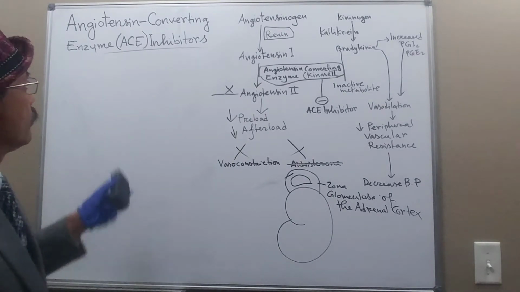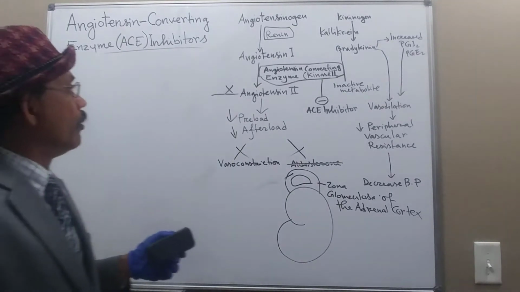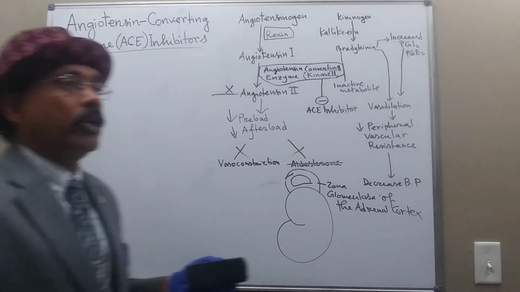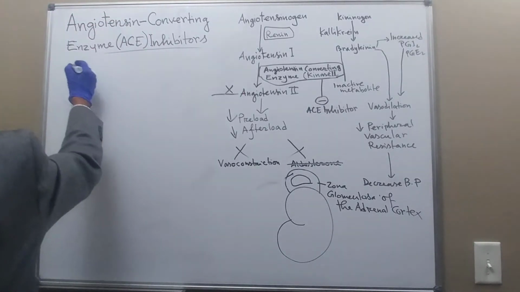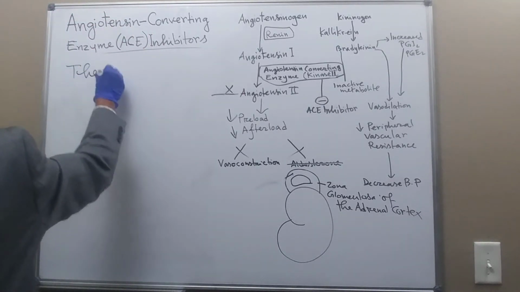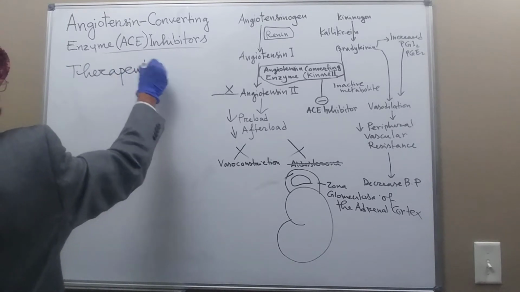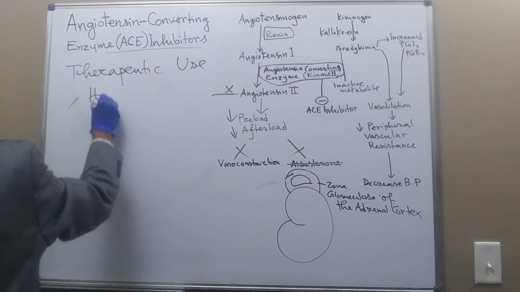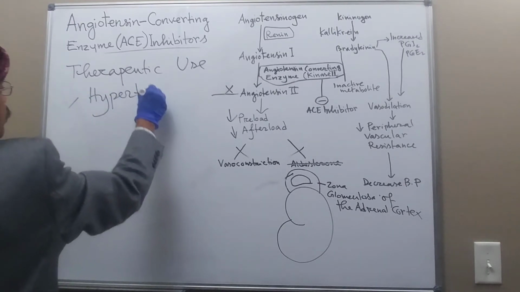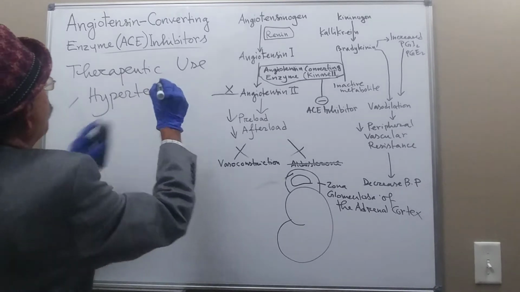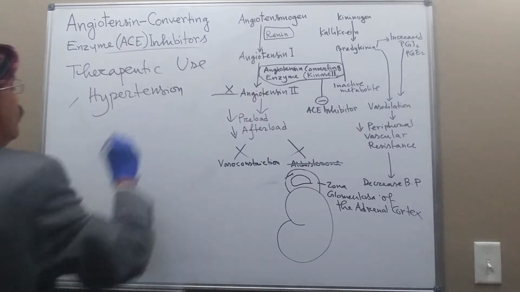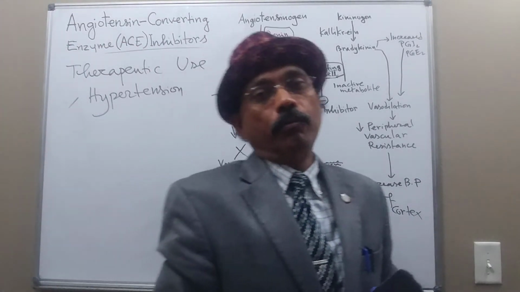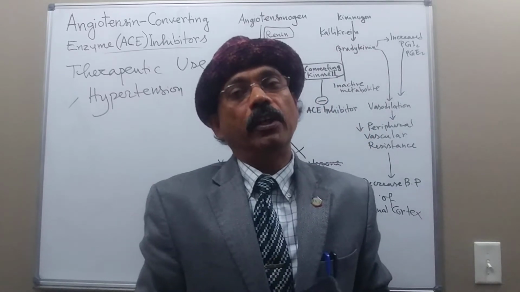Okay, we got the mode of action of the ACE inhibitor. So what are the therapeutic uses? It is a drug for management of hypertension. It's an anti-hypertensive drug, especially for a person with hypertension with some type of heart problem. It is a very good drug.